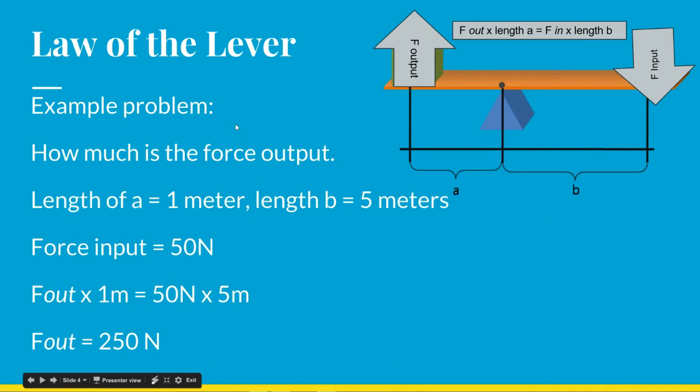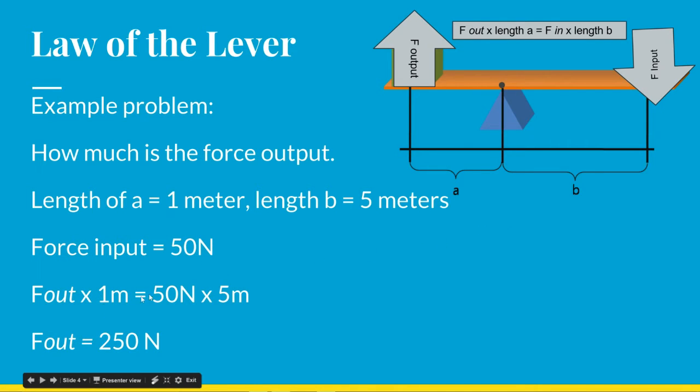Here's an example. So how much is the force output? Right, you have a length A of 1 meter. Length B, 5 meters. Force input, so I'm pushing down with the force of 50 newtons right here, right? How much force do I get out of that? And let's do the math.